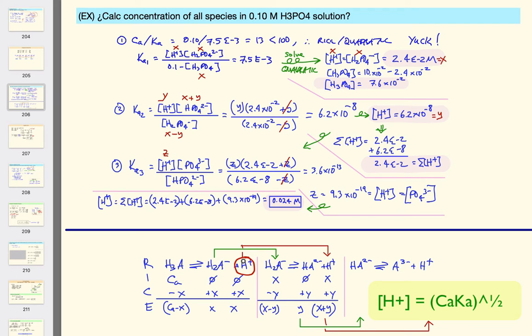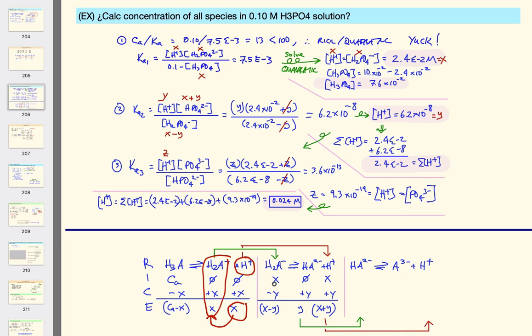But what you need to know in this case is, you now know the H plus concentration. X is now equal to the anion concentration. And it's this concentration that you're now going to use, as the green arrow shows here. So now you have a new concentration of your starting material. It's no longer 0.1. It's now whatever this X value was. This X value is where you start.